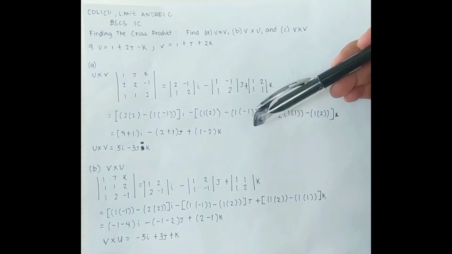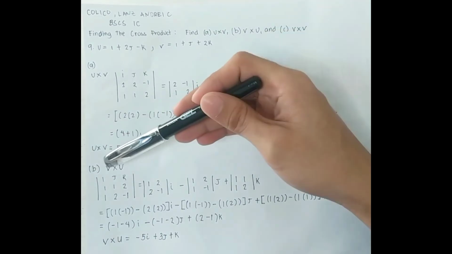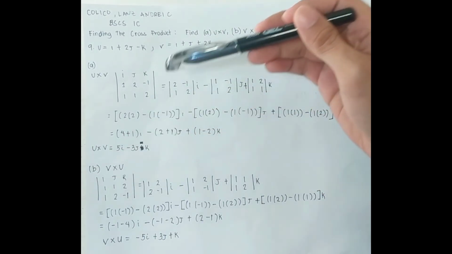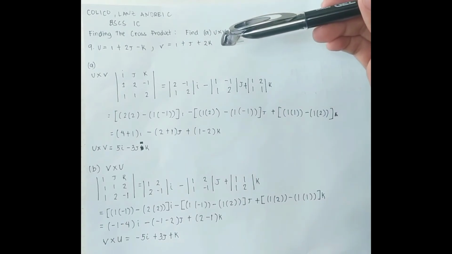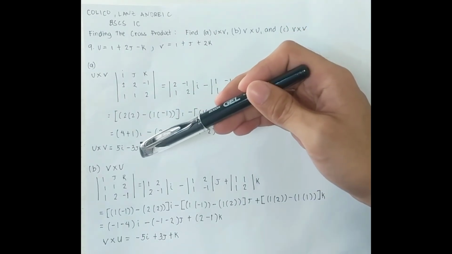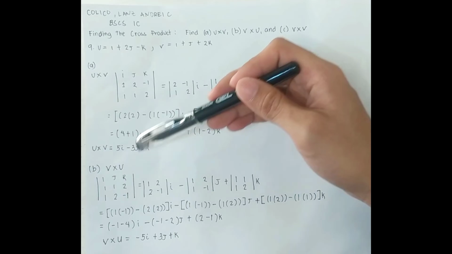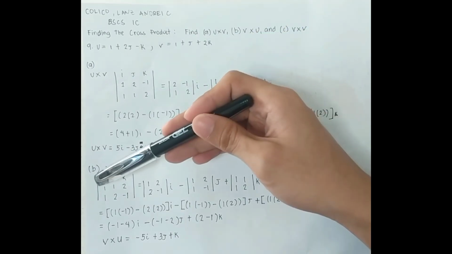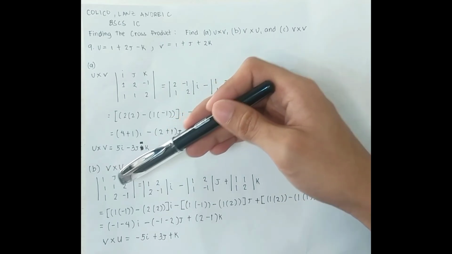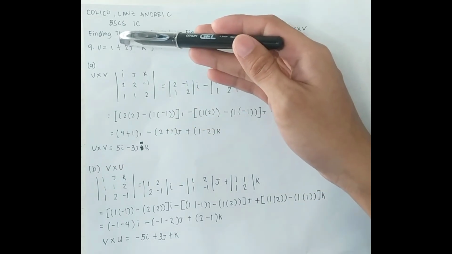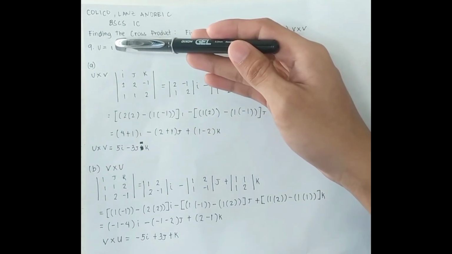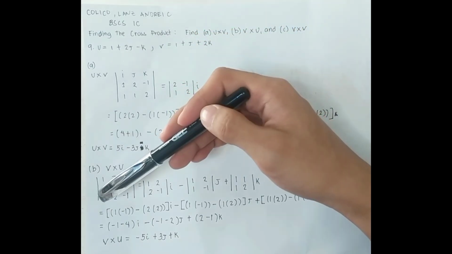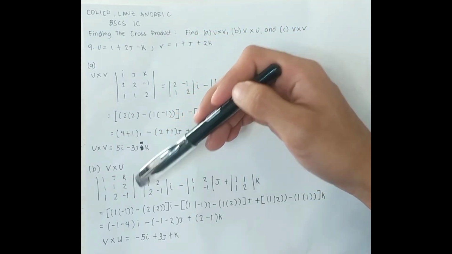So for letter B, V cross U. V cross U is equal to IJK, then the given V, so 1, 1, 2, and we will apply the given U, so 1, 2, -1.